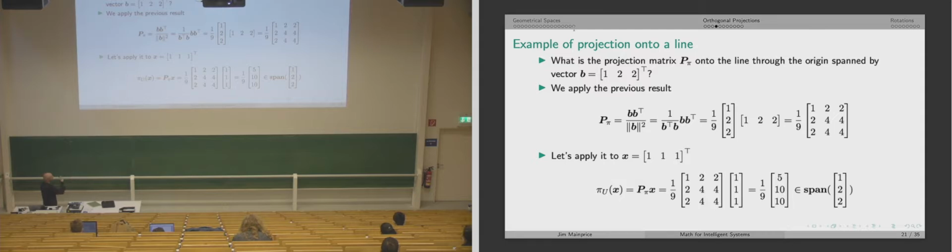This is our y vector, by the way, from the previous slide, that we call x now. And by multiplying this with the projection matrix, what we get is something that is in the span of 1, 2, 2, which is 5, 10, 10, divided by 9, scaled. Okay?